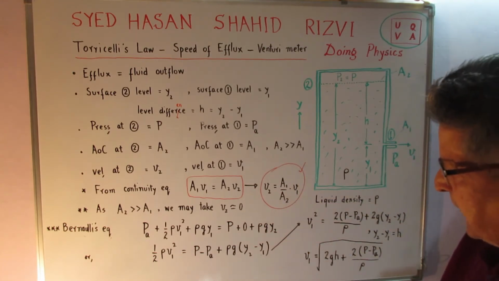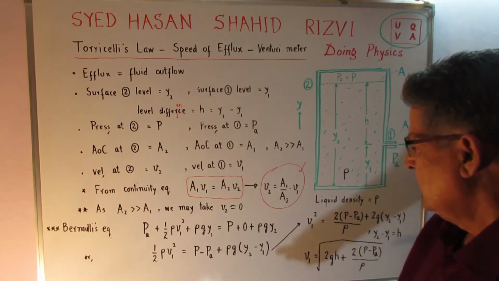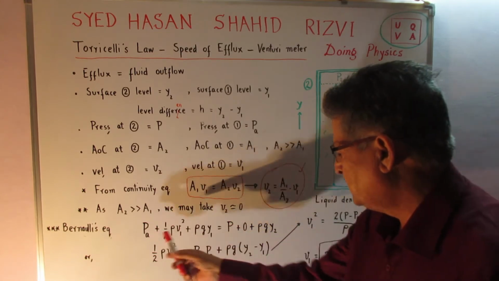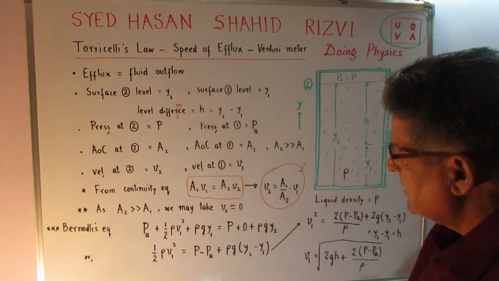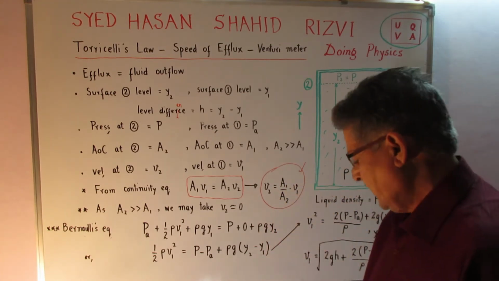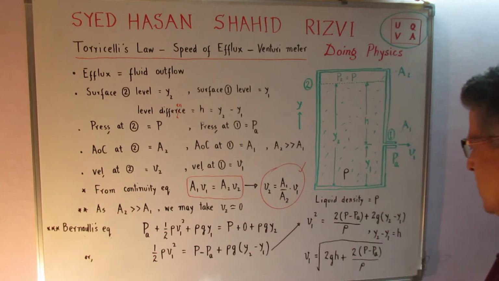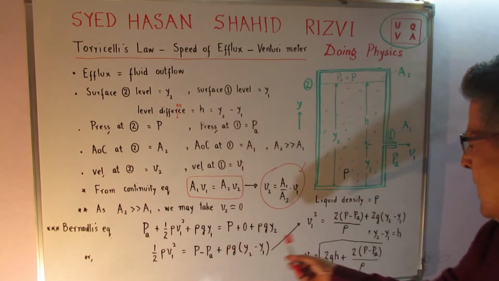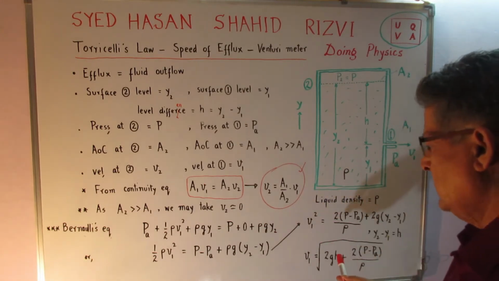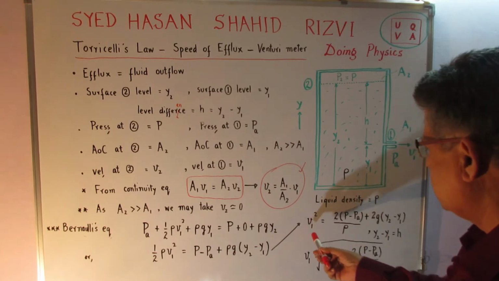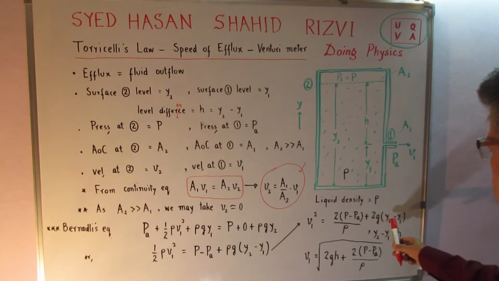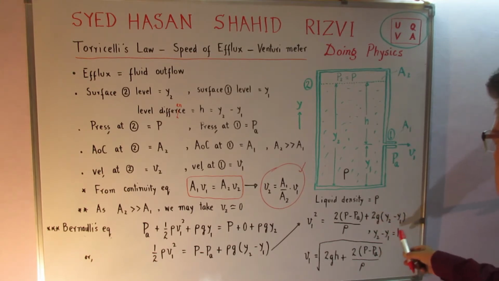So I can rearrange the terms and write half rho V1 square as equal to P minus PA, the difference in the pressure, plus rho G into Y2 minus Y1. Again taking this equation, I rearrange things, multiply by 2 and divide by rho, so I get V1 square equal to 2 into P minus PA divided by rho plus 2G into Y2 minus Y1, and that is 2GH.